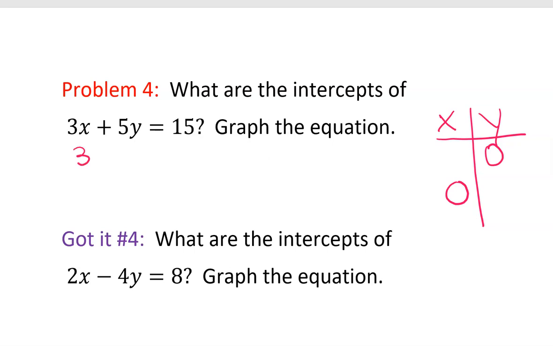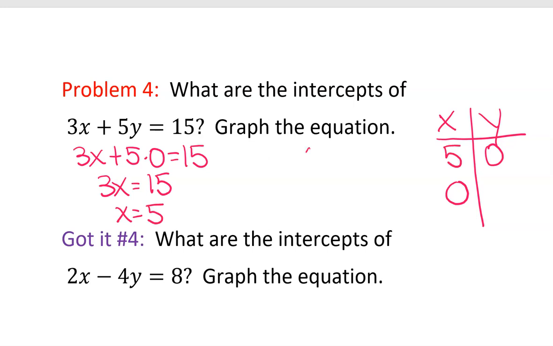So this would be 3x plus 5 times 0 equals 15, or 3x equals 15. X would be 5. So 5, 0. And the other would be when x is 0.